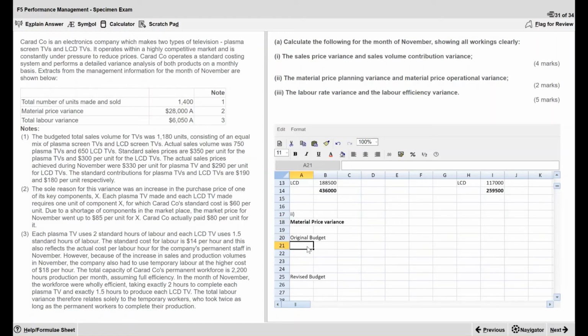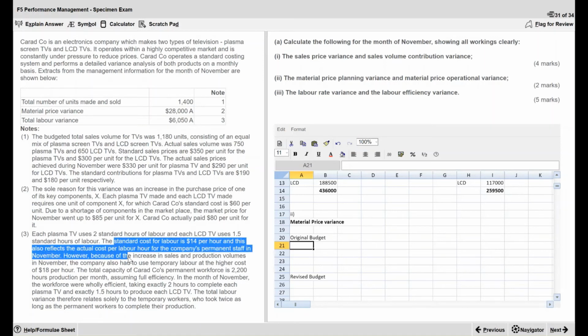When we talk about price, we talk about the material purchase. So how much material did we purchase? Let's see. Each plasma TV uses labor hour.